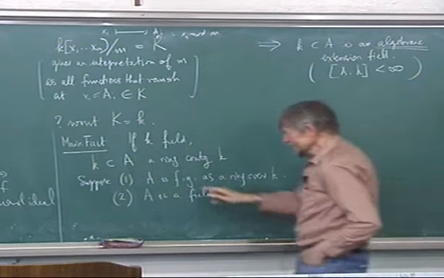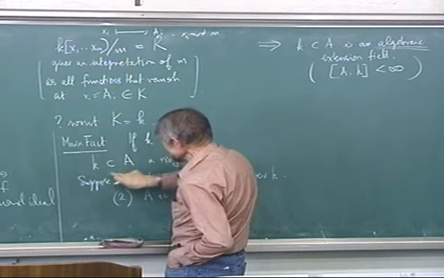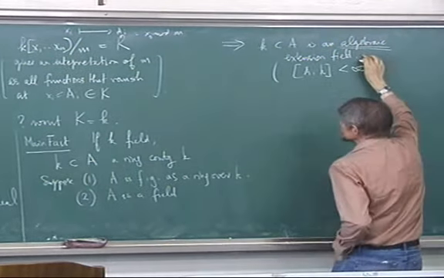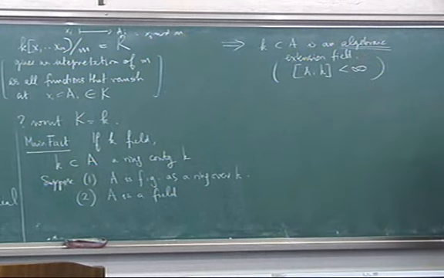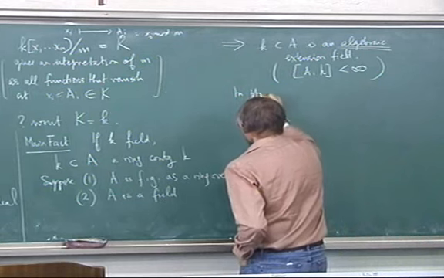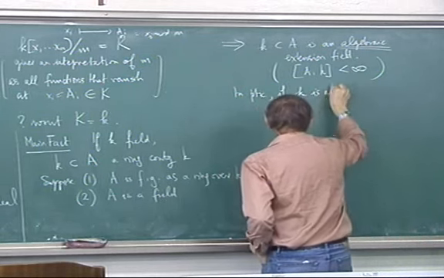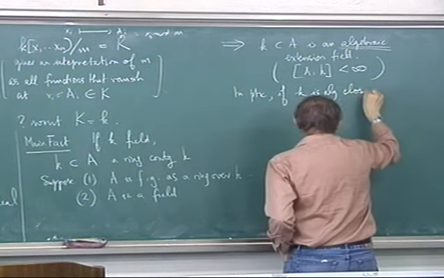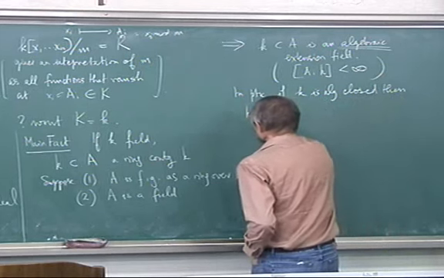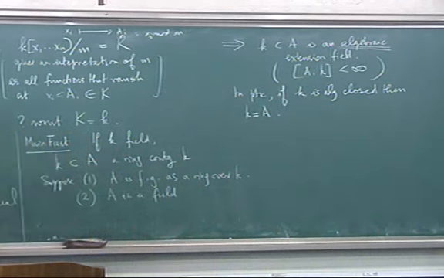Right? Then actually this K in A is not just a ring extension, it's not just a field extension, but it's an algebraic field extension. Right? So in particular, if K is algebraically closed, then K equals A. Right, then there isn't any extension happening there at all.